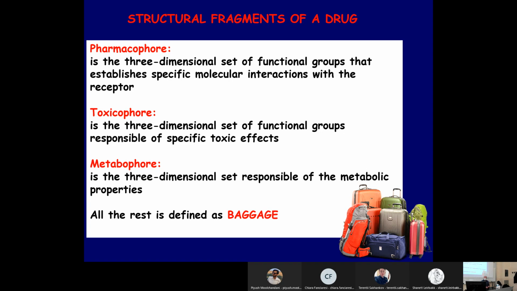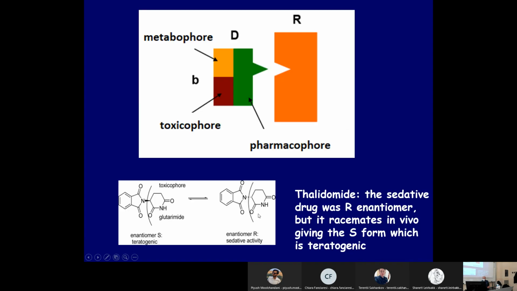So three parts in the molecule: pharmacophore, toxicophore, and metabophore. All the rest is defined as baggage, luggage, what you want. You can see in the picture, in green, the pharmacophore, necessary for an optimal interaction with the receptor, and the other two parts, the metabophore and the toxicophore.